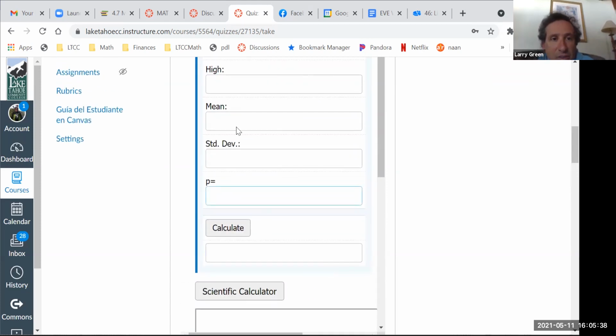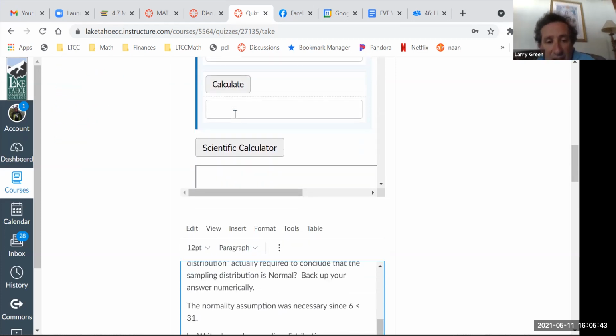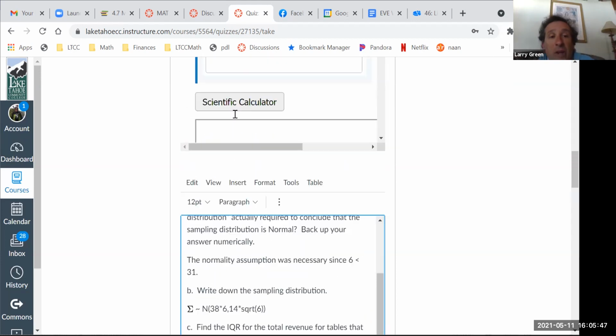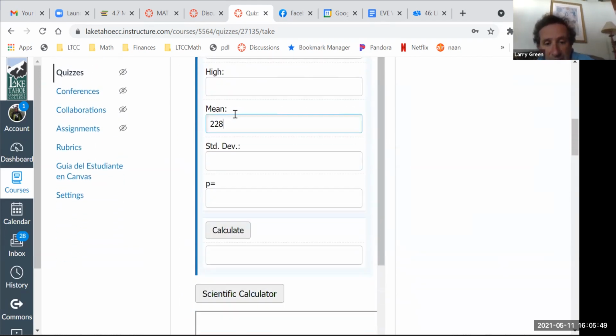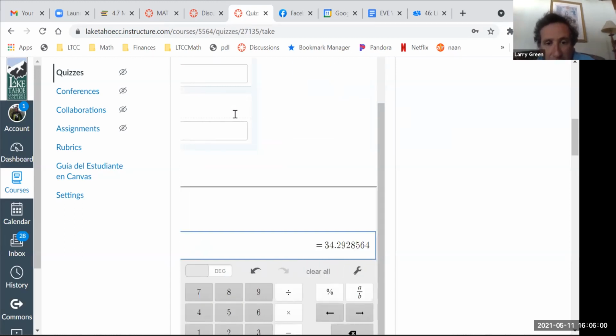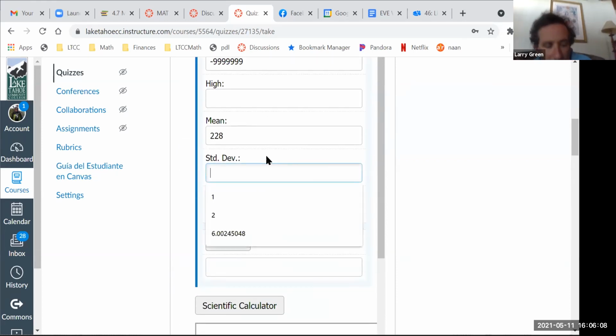So the mean is 228. The standard deviation was 14 times the square root of 6. So I'm going to go to my calculator, and I can go 14 times, and then the square root button, and then 6. And it's 34 point messy stuff. So let's pop that in.